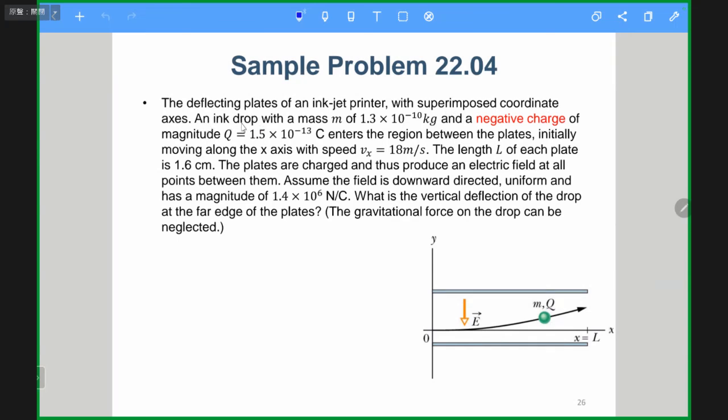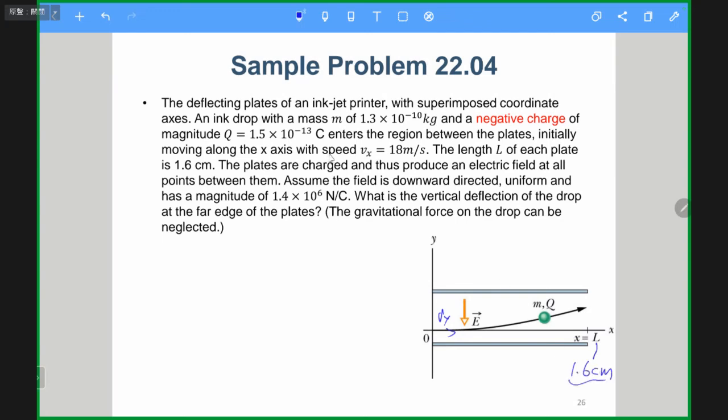The ink drop with mass m and a negative charge of magnitude Q enters the region between the plates, initially moving along the x-axis with Vx, which will be 18 meters per second. The length L of each plate is 1.6 centimeter.